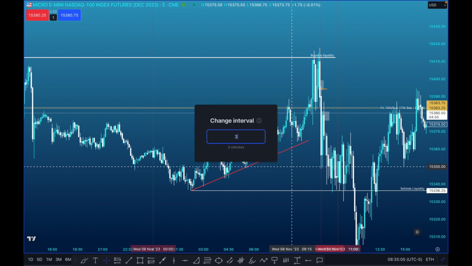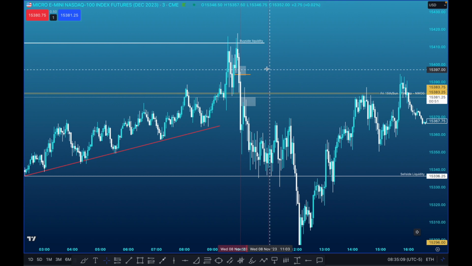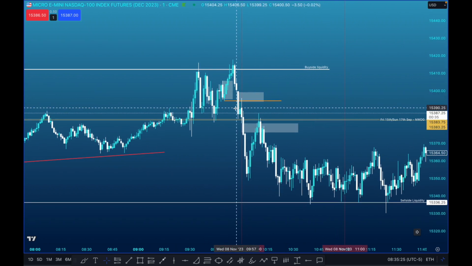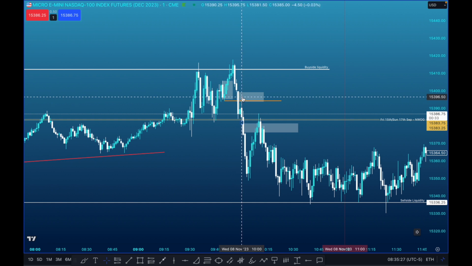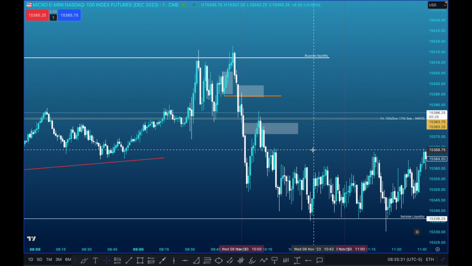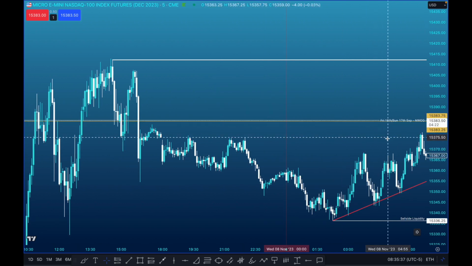Then to get into my trade, I'm using bearish PD arrays such as a fair value gap in here, or a breaker, or an order block. As soon as the market wicks up into that, I'm selling short and then riding it down. That's pretty much the basics, or the mechanics, of this bearish model.